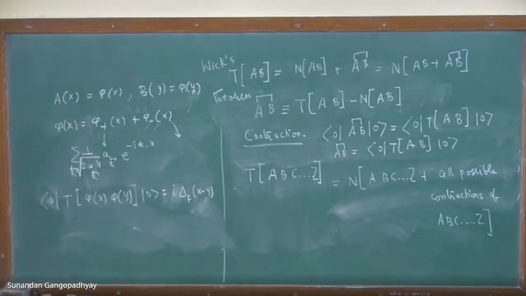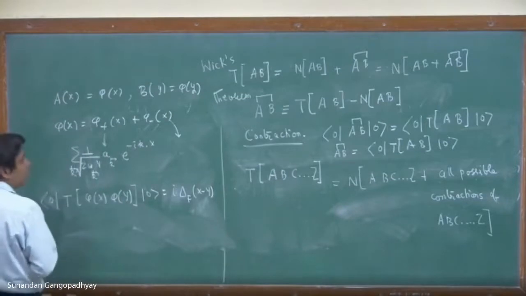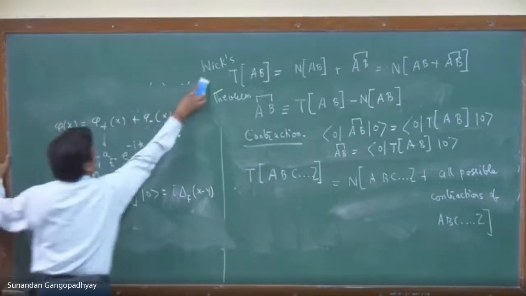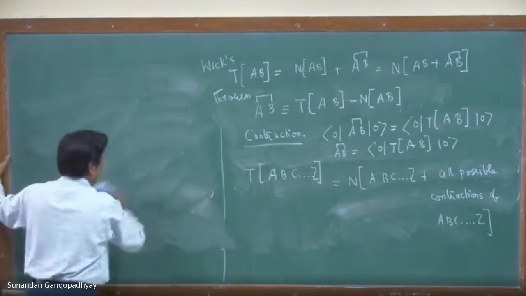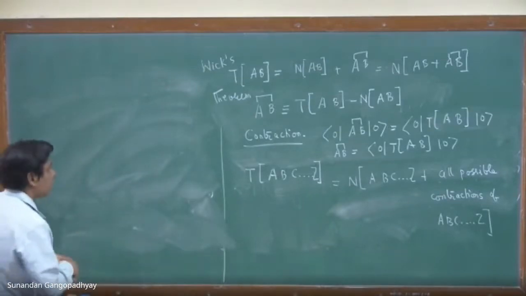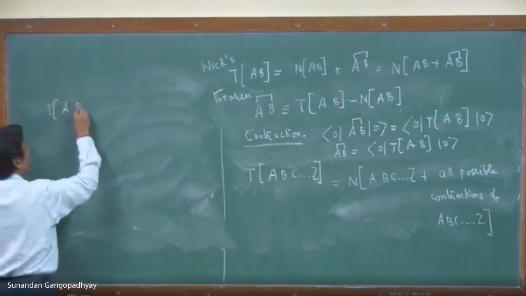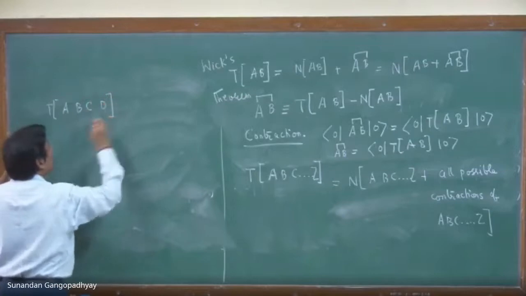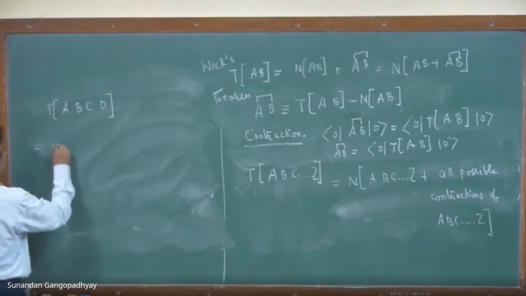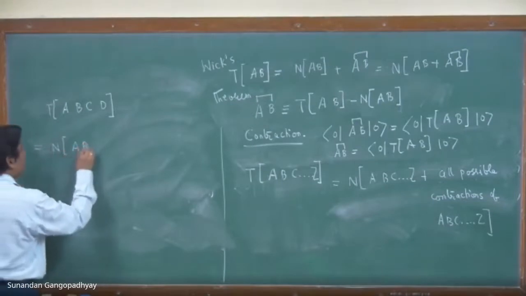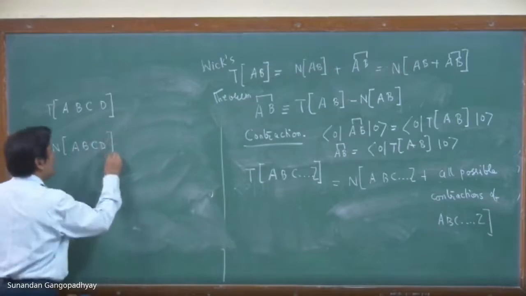So let us just take a very simple case and see how this works. Let us consider a time ordered product of 4 operators. This will be equal to the normal order form of a b c d plus all possible contractions. So what we will have is the following.